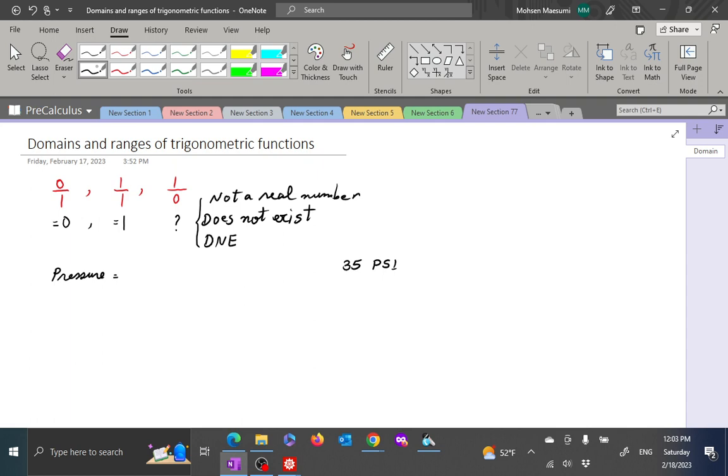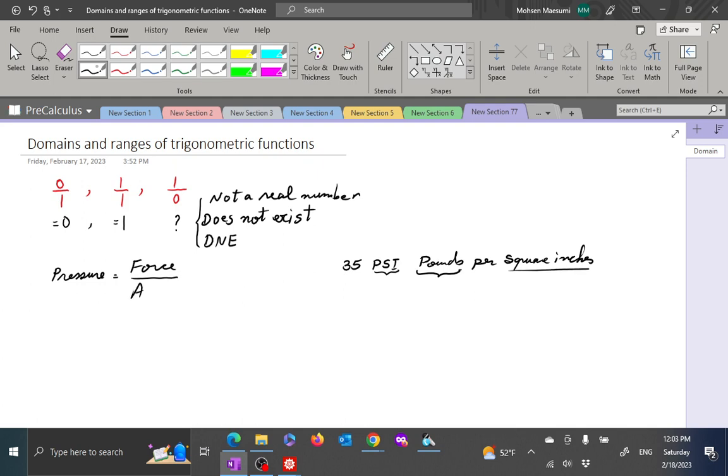What does that mean, psi? Well, that's of course pounds per square inch. Is that right? So what is pounds? Pounds is the unit of force. And what is the square inch?